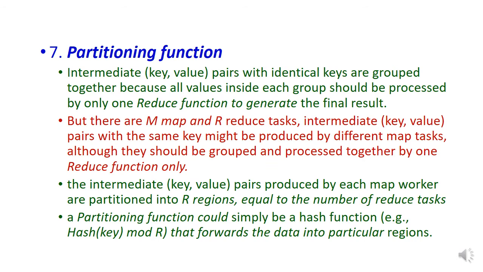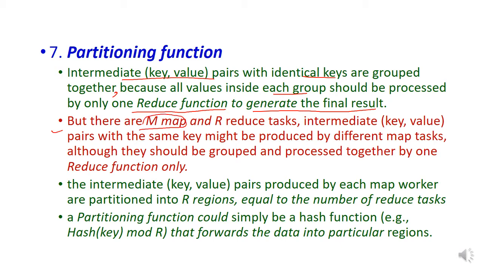The next is the partitioning function. Here the intermediate key value pairs with identical keys are grouped together, because all values inside each group should be processed by one single reduce function to generate the final result. So the same intermediate key should be grouped together.